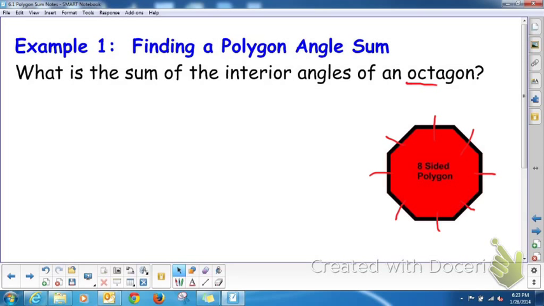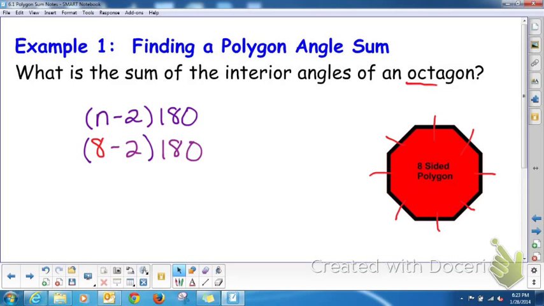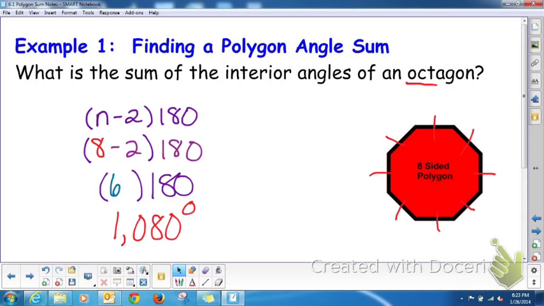We're going to use the formula, the number of sides minus 2 times 180, to find the sum of the interior angles of an octagon. So in an octagon, it's 8 minus 2 times 180. Simplified, that's 6 times 180. There are 1,080 degrees in an octagon.